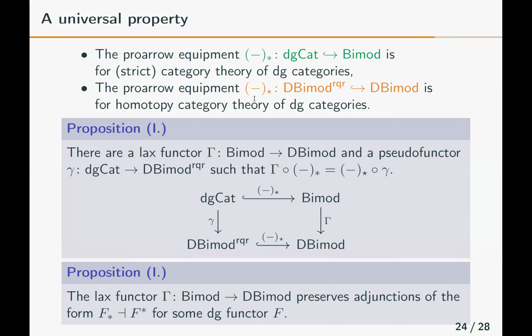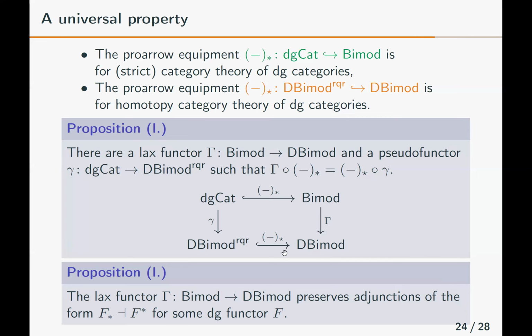These two equipments are related by a comparison construction. More precisely, there exists a lax functor, capital gamma, from Bimod to D-bimod, and a pseudofunctor, small gamma, from DGCat to D-bimod. They satisfy that the following square commutes.